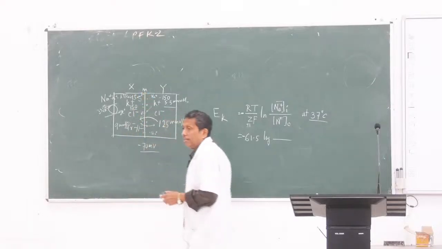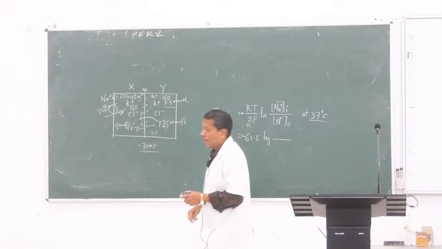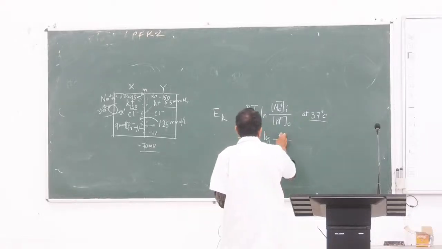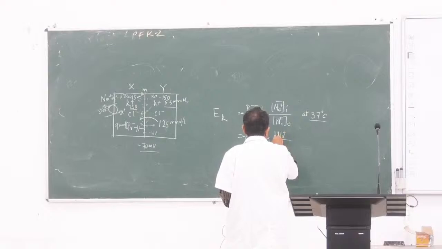Inside it is lower, outside it is higher. So it is the sodium ion concentration inside and sodium ion concentration outside.